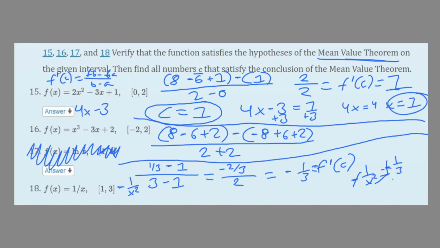We can cross multiply, so we're going to be left with 3 is equal to x squared. We just square root both sides, and we end up with x is equal to negative radical 3 and radical 3. And those are our c values. So it would actually be c is equal to radical 3, comma, negative radical 3. And that would be your final answer.